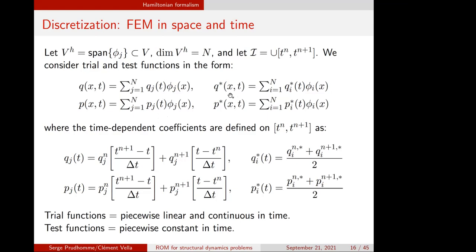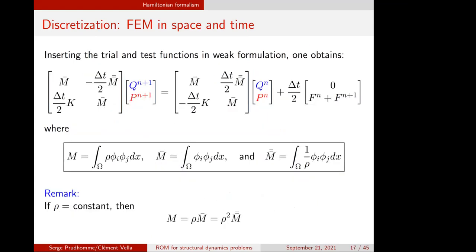We have also the same for our test functions Q star and P star. So we are going to discretize as usual in space, and I'm considering V_h the span of all my basis functions phi j. But for the time-dependent coefficients Qj, Pj, I'm going to consider piecewise linear in time for the trial functions, and piecewise constant in time for our test functions.